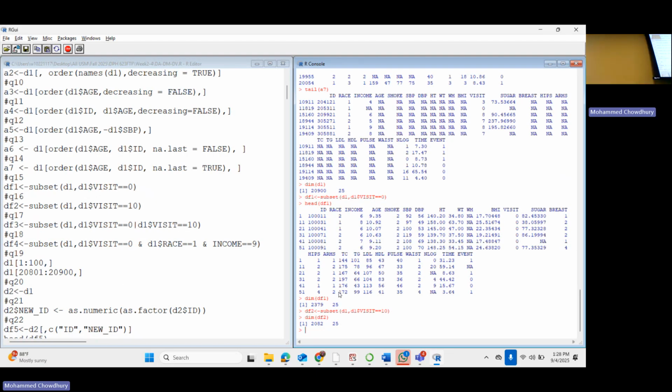In question number 18, I want to create D4 from the original D1 data in such a way that the subjects with 0 visit, white Caucasian race, and income level 9 will be selected, because I want to do research only on this group: people who are white, belong to income level 9, and are at their baseline, first visit.